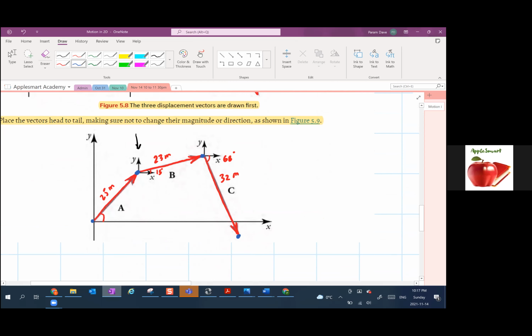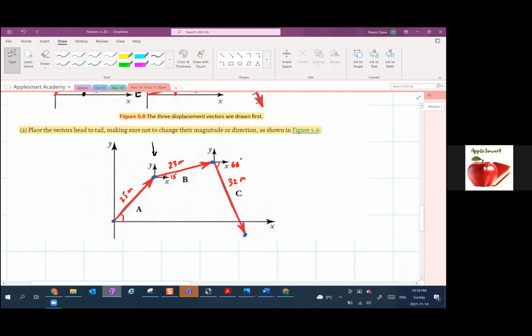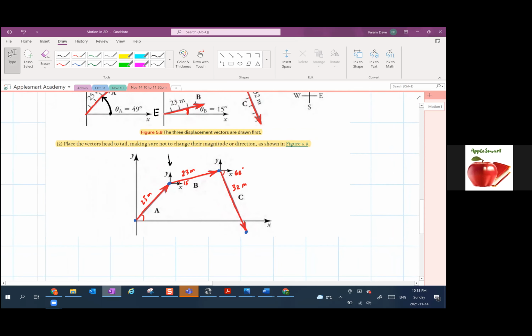Okay, and now what you do is, if you were doing this on a graph paper, like physically doing it, you would take a ruler and you would draw the vector going from the tail of the first one to the head of the last one, and this becomes your D total.